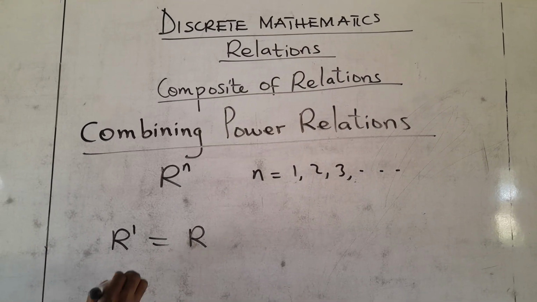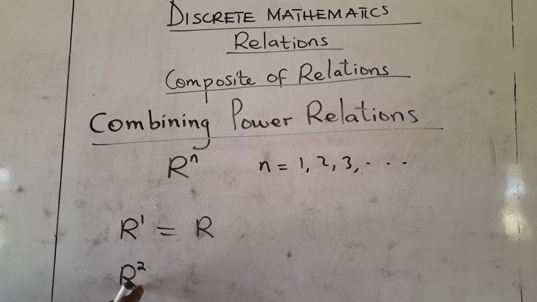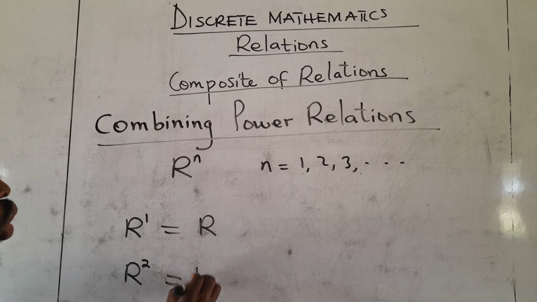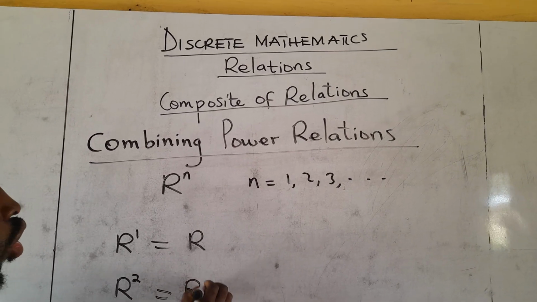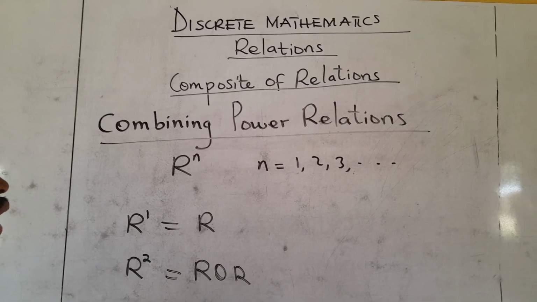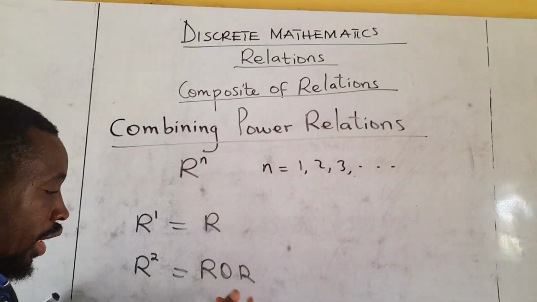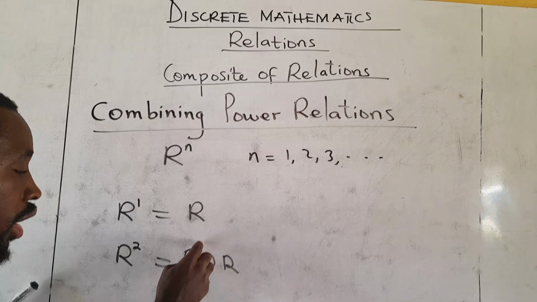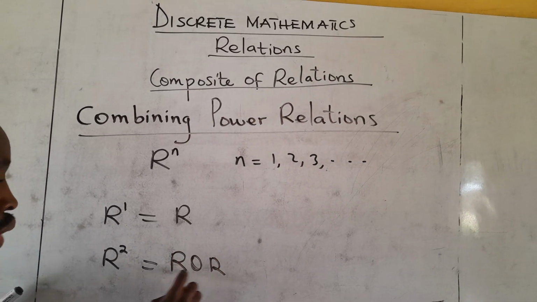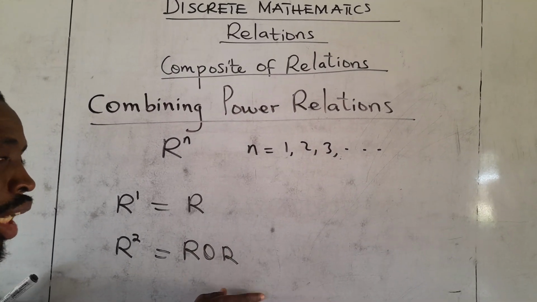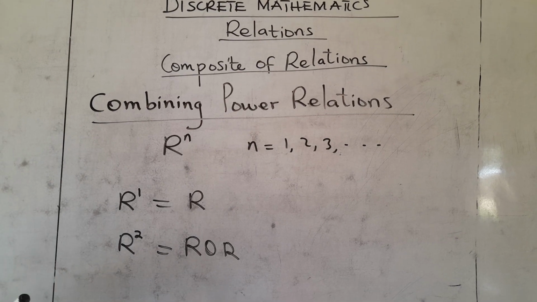When n is 2, R exponent 2 is equal to R composite R. That's R exponent 1 times R exponent 1, in indices, 1 plus 1. Remember, when the bases are the same and they are multiplied, we add the exponents.